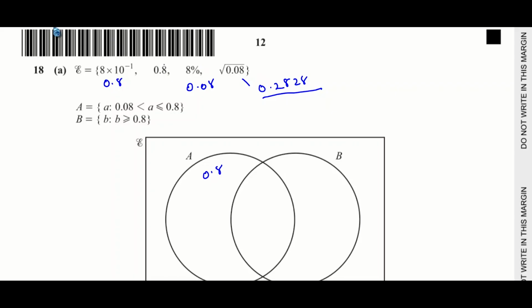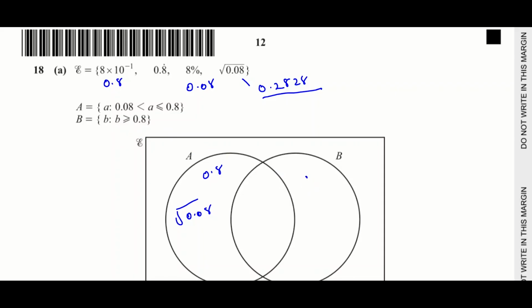Okay, so we can put the square root of 0.08 here, and also this 0.8888 is greater than 0.08, but it is out of this interval, so this cannot be here. Okay, so let's go for set B. The elements of set B are B, such that B is greater than or equal to 0.08.